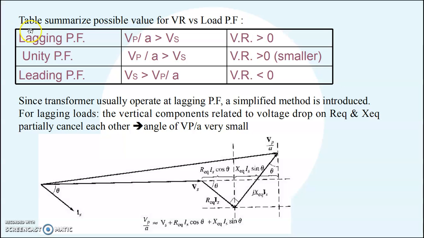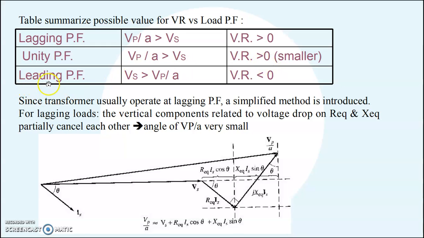Next, the table shows the summarized possible values for voltage regulation versus load power factor. For lagging power factor, primary voltage over a is greater than secondary voltage, while voltage regulation is greater than 0. And for power factor of unity, primary voltage over a is greater than secondary voltage, while voltage regulation is greater than 0.